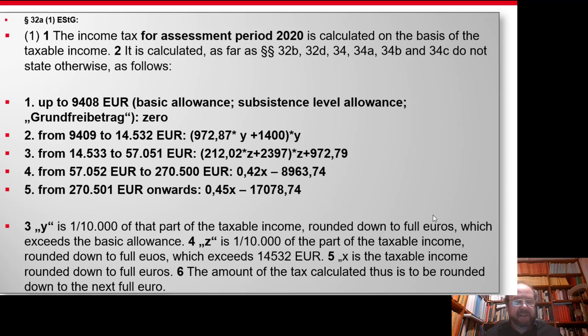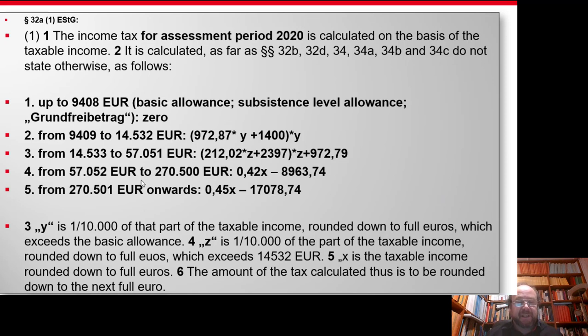And indeed, I found in my translation also the version of the tariff for 2020. And you see it here. And now we have to remember which tax rate relevant income we had. And that was something with 147.